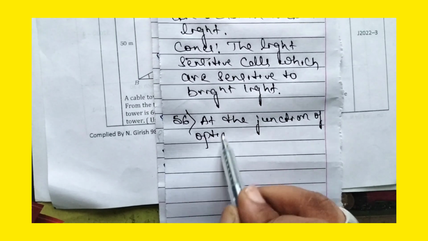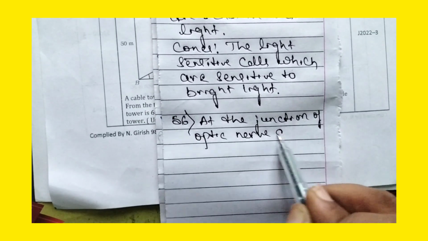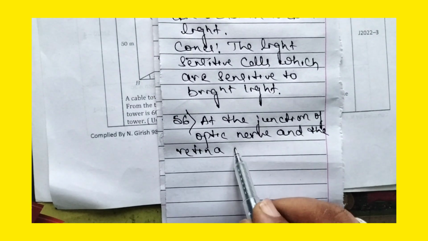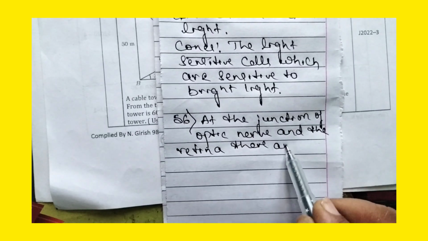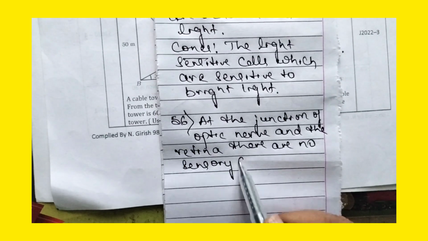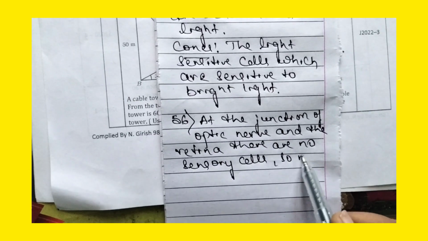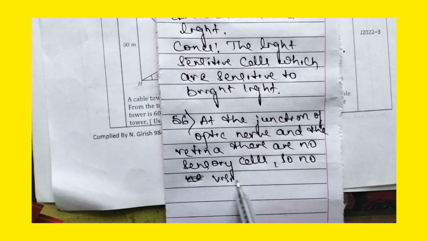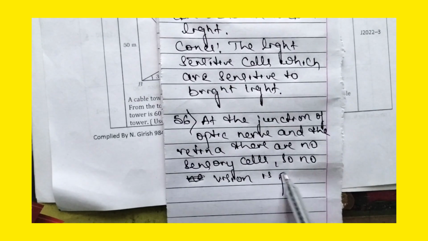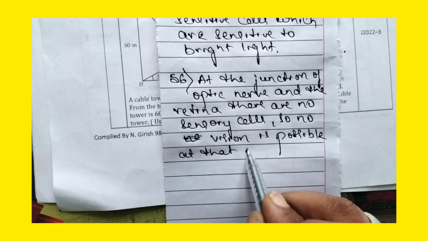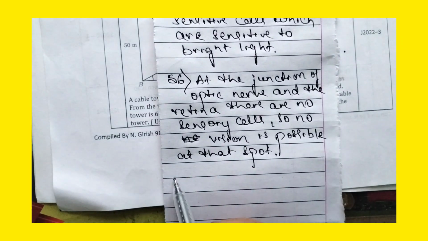At the junction of optic nerve and the retina, there are no sensory cells, so no vision is possible at that spot, and it is called blind spot.